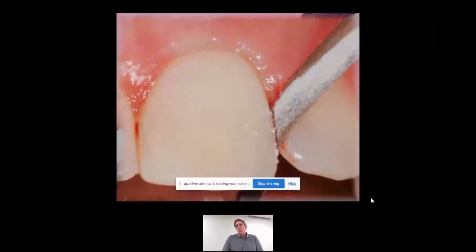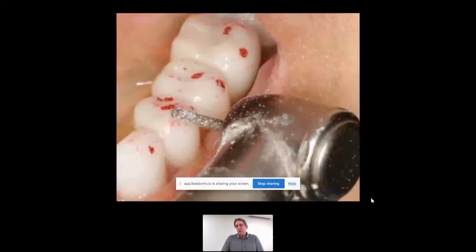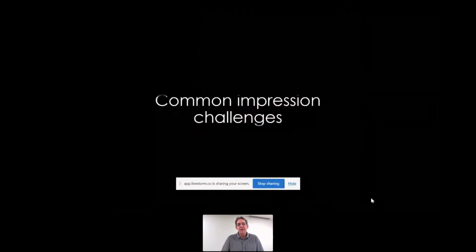And when the crown comes back, if you, the clinician, have to spend time doing interproximal adjustments or occlusal adjustments, that's typically a result of a compromised impression and/or the tray that you might be using.